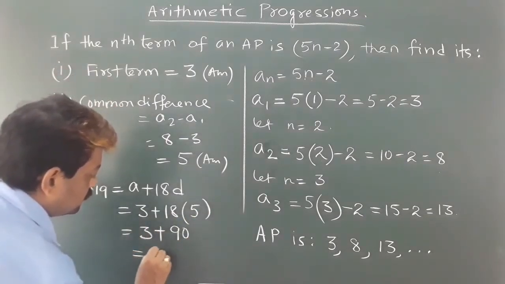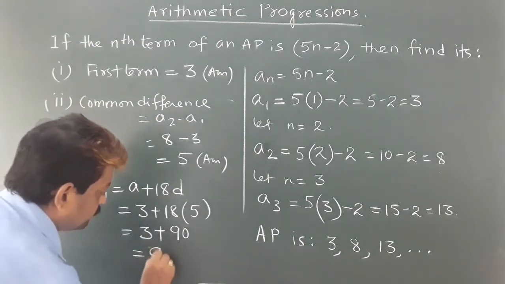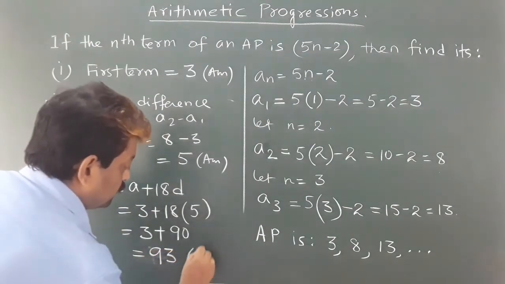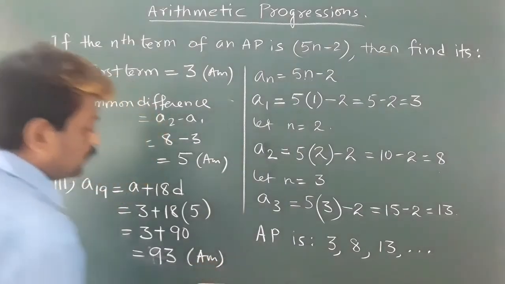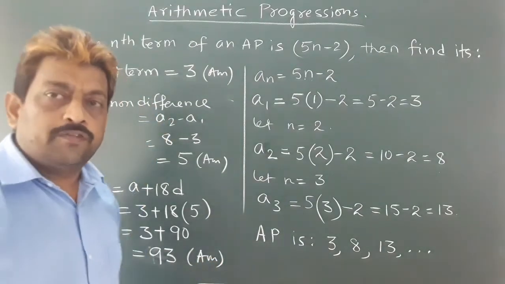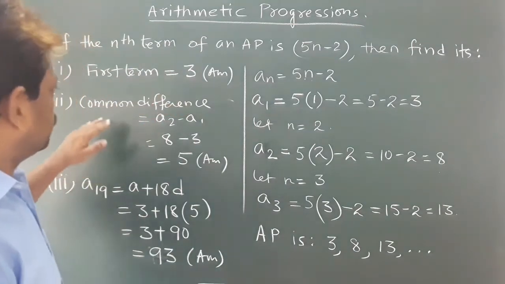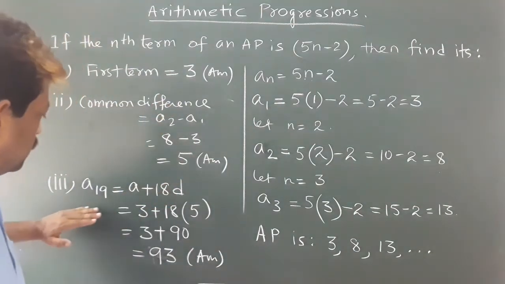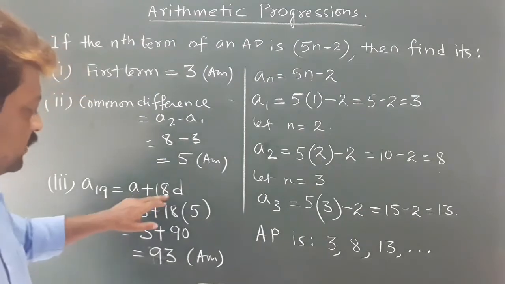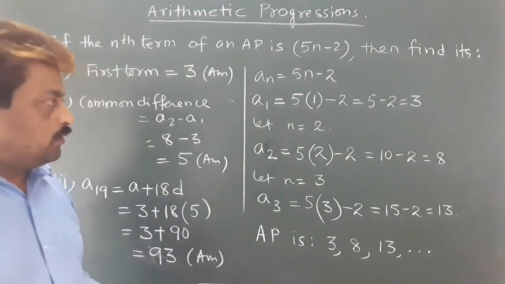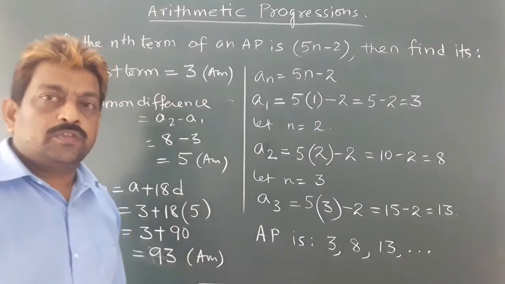So the answer is 93. So we have got the answer of all the three questions. That is, the first term is 3, the common difference is 5, and the 19th term, that is a plus 18d, is 93.